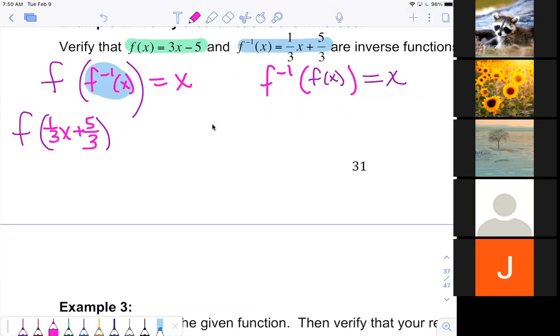We're trying to show that the function in the inverse should equal x, the composite of those. So the f function says 3 times x minus 5. If I replace x with the inverse, 1/3 x plus 5/3, now I have a composite function.